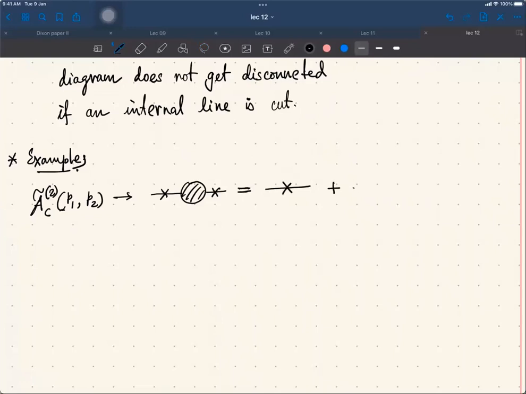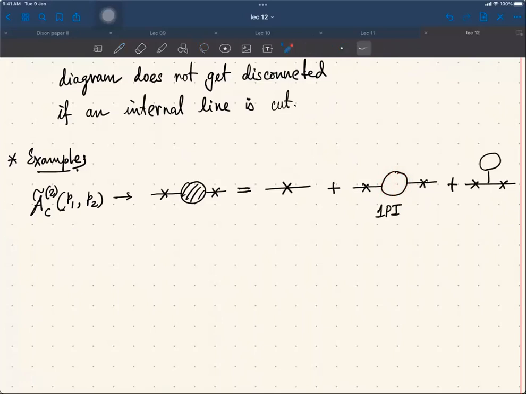And then the second one is a one loop diagram with amputation. Then one has this one. You see in the second diagram, this is the only internal line. If you cut it, the diagram does not get disconnected. So this is a 1 PI diagram.